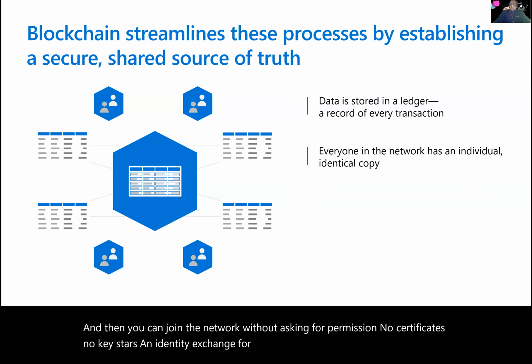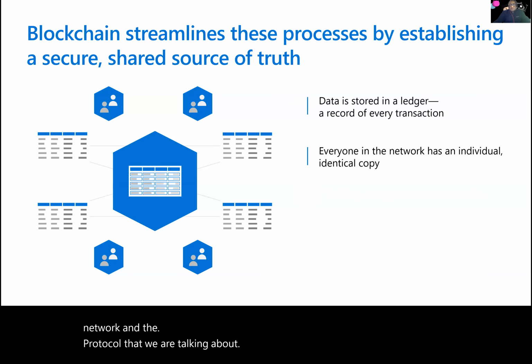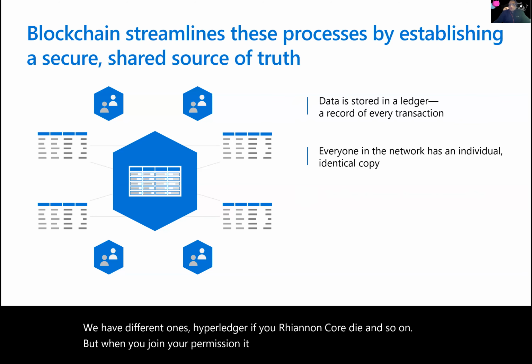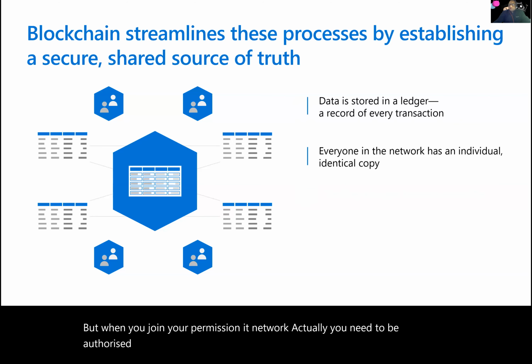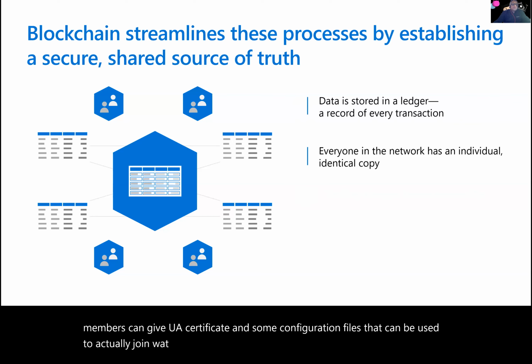But for permissioned networks, there are different roles depending on the network and the protocol that we are talking about. We have different ones like Hyperledger, Ethereum, and Corda, and so on. But when you join a permissioned network, you need to be authorized. So the network founder, one of the founding members, can give you a certificate and some configuration files that can be used to join what we call a consortium, okay?